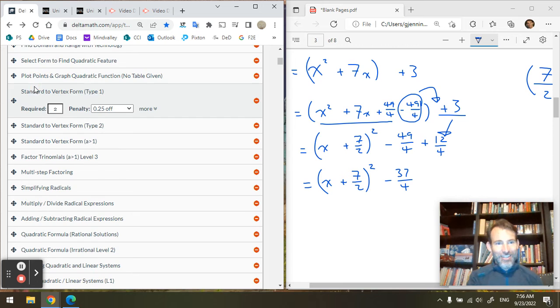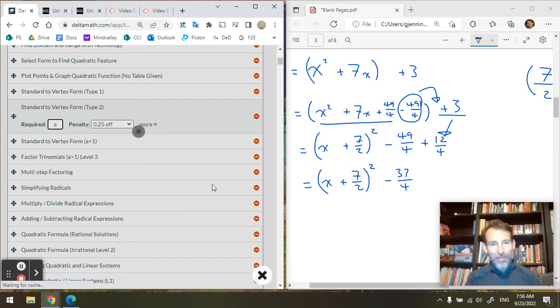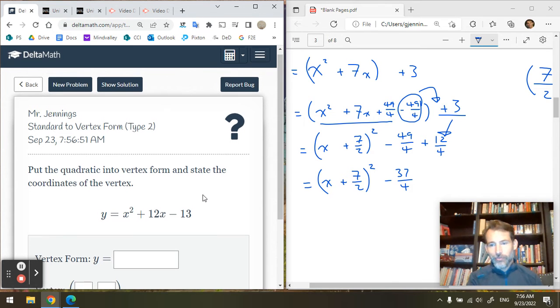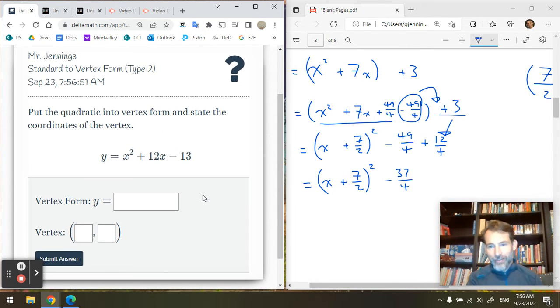All right, so let's go back and try a harder type. But this is easier. Why is this type 2? Oh, because we have to state the coordinates of the vertex for type 2. Right. Okay. So I'm going to do this one in my head. I take half of 12, which is 6, and square it. So I'm going to be both adding and subtracting 36 from this equation.